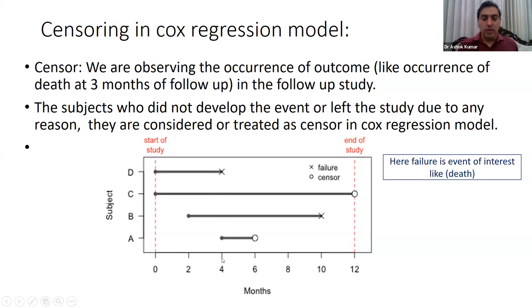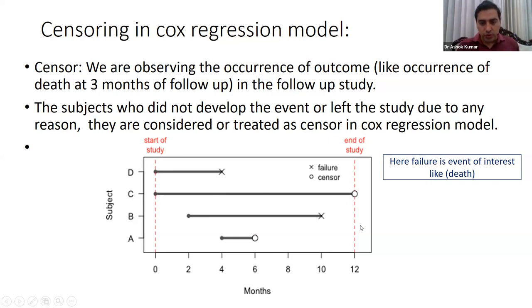Because this participant D developed the event, it is not censored, and the time of occurrence of the event is 4 months. You can see here. Now what about C?